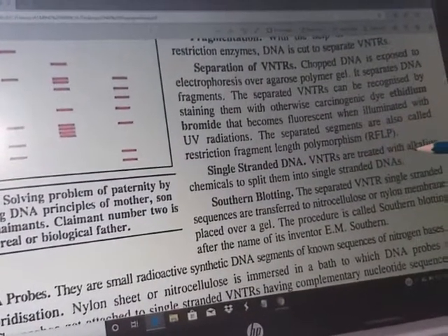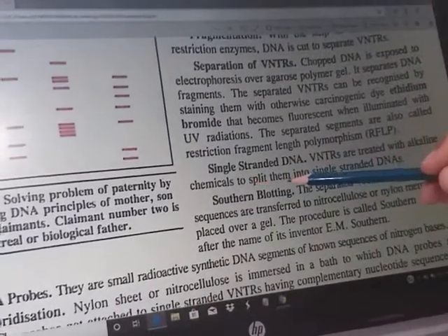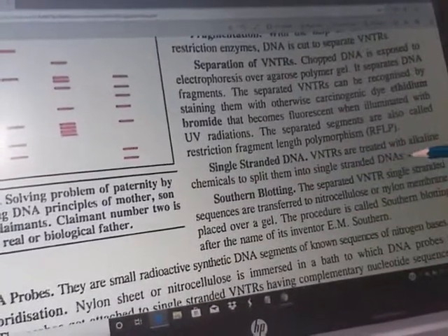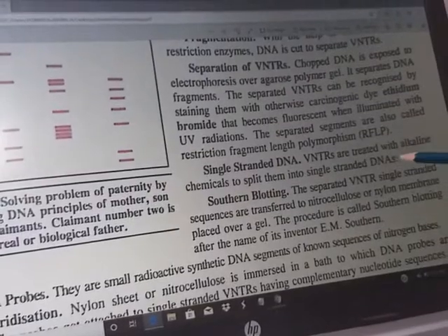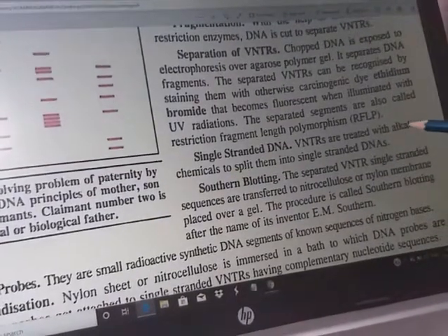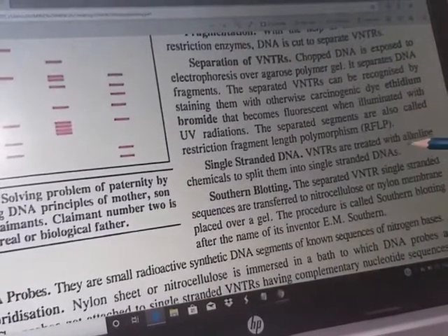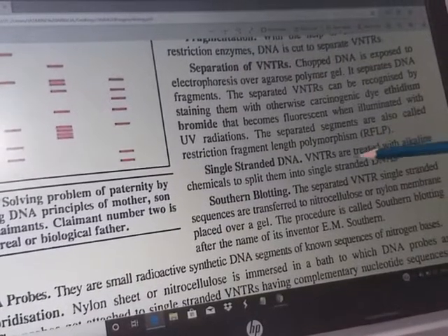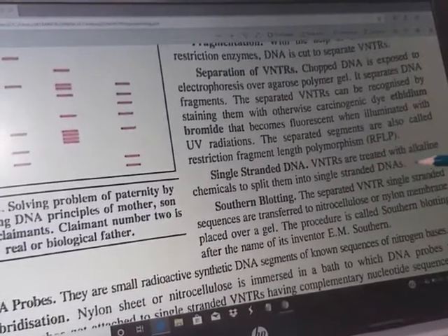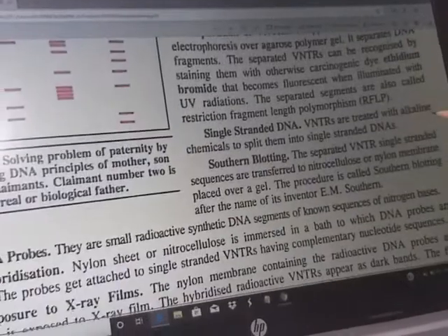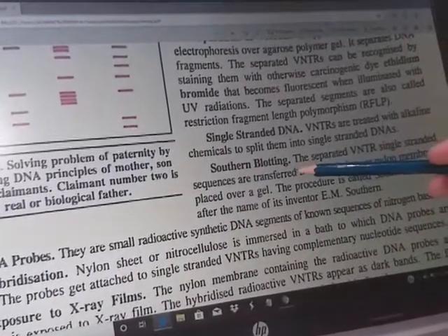VNTRs are treated with alkaline chemicals to split them into single stranded DNA. Now we will get single stranded DNA fragments. The fragments were already there, but with this treatment we get single stranded DNA. Next technique is Southern blotting.